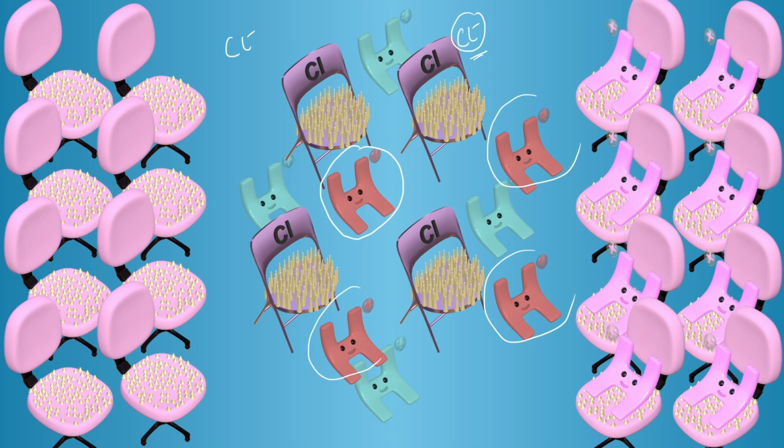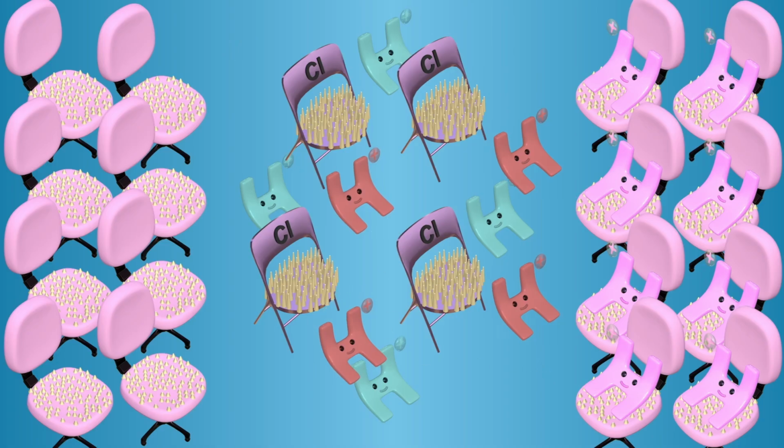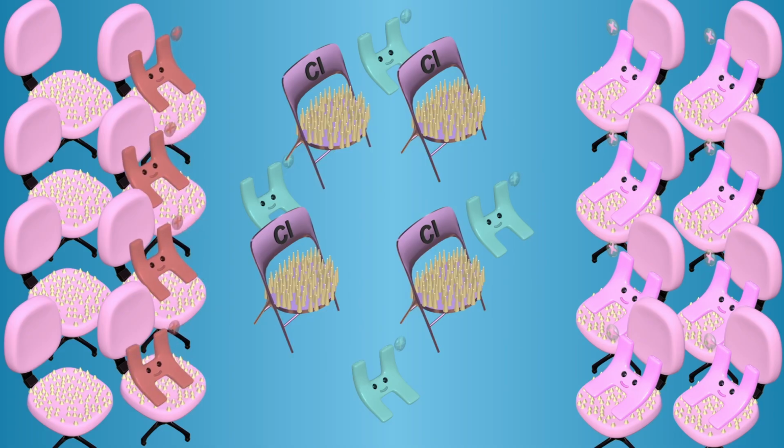So that is a problem. But we have these empty chairs. These protons can sit on these empty chairs, and because they are no more free in this solution, the pH will remain unchanged.